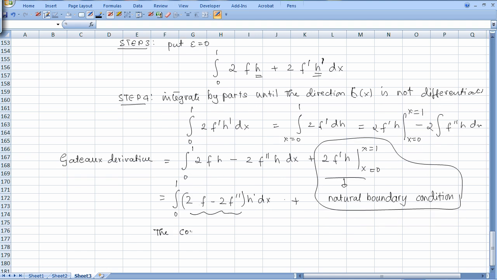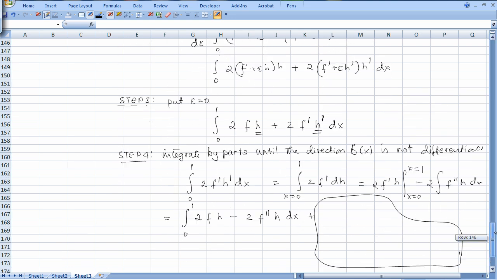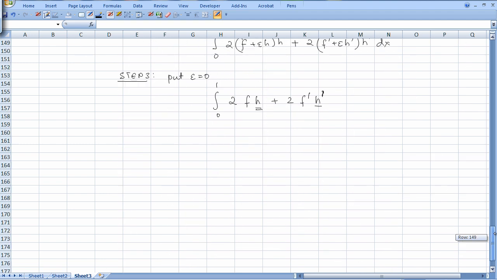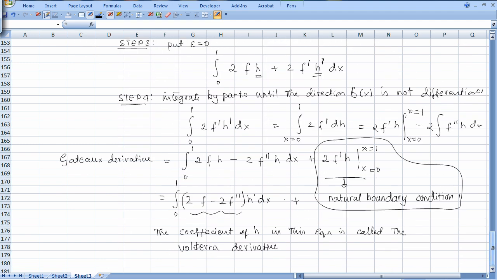The coefficient of h in this equation is called the Volterra derivative. So this is a 4-step process. Step 1, step 2, step 3, step 4. If you get good at doing this, you will go very far.